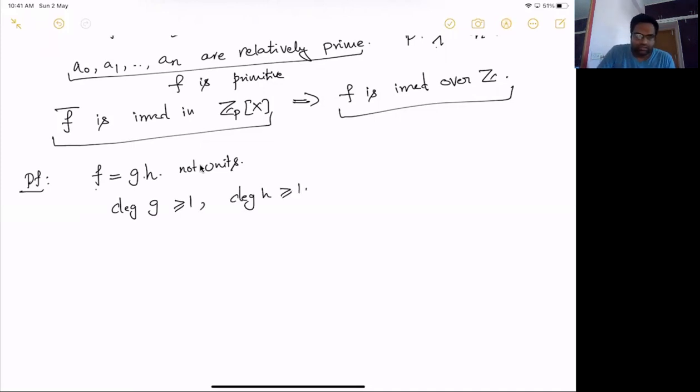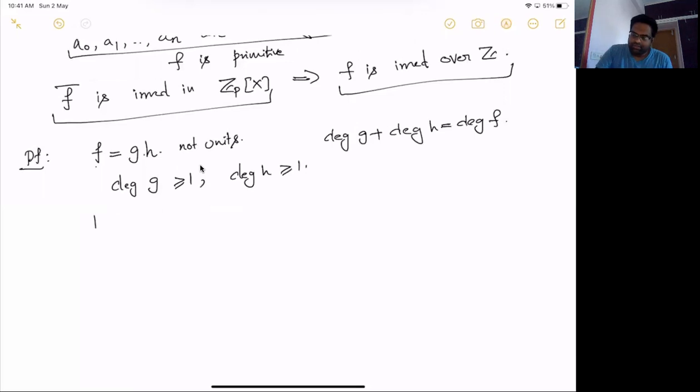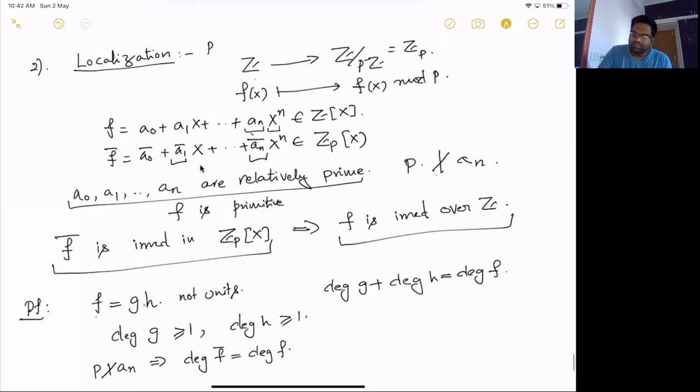Of course, the degree of G plus the degree of H is equal to the degree of F. Since P does not divide AN, it follows that the degree of F bar is equal to the degree of F. So this term won't become 0 and reduce the degree of F bar.